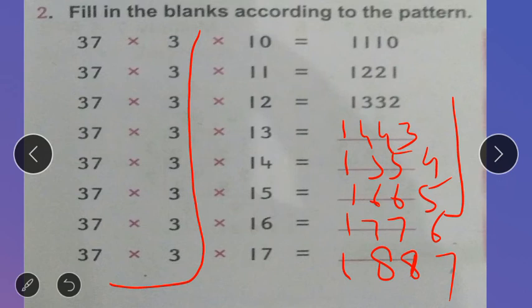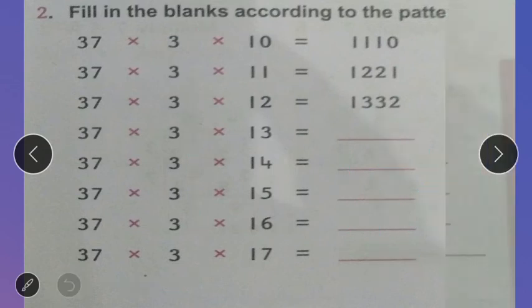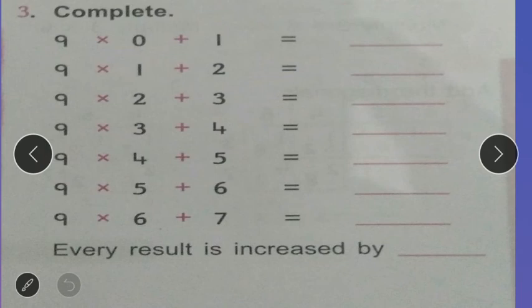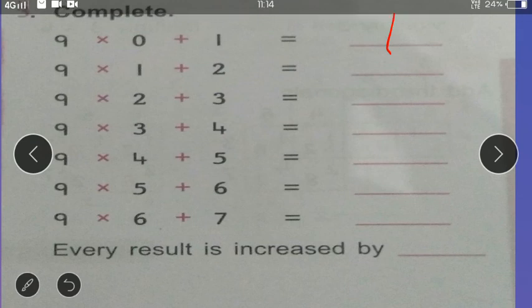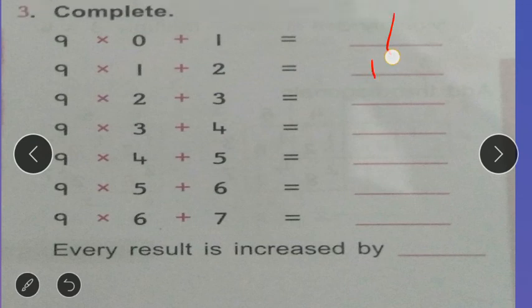Then what is next? Next is question number 3. 9 multiply 0 plus 1. 9 multiply 0, 0. Plus 1, 1. 9 multiply 1, 9 plus 2, 11. 9 multiply 2, 18. 18 plus 3, 21.